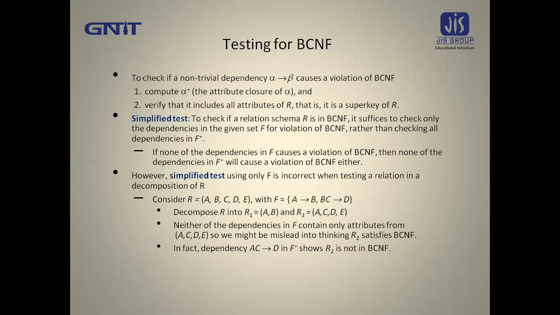Suppose R equals A, B, C, D, E, with F having A implies B, BC implies D. Now we decompose R into R1 having AB and R2 having A, C, D, E. Now neither of the dependencies in F contains only attributes from ACD, so we might be misled into thinking that R2 satisfies BCNF.